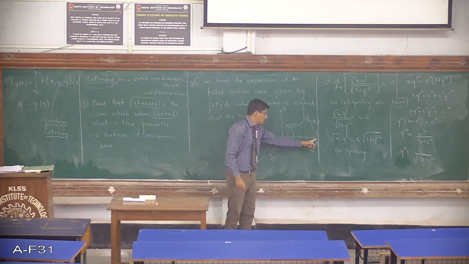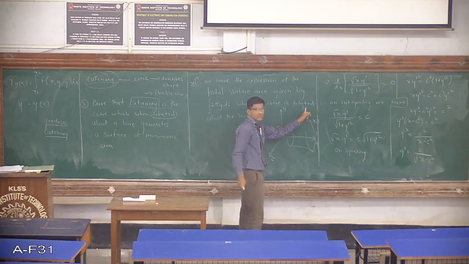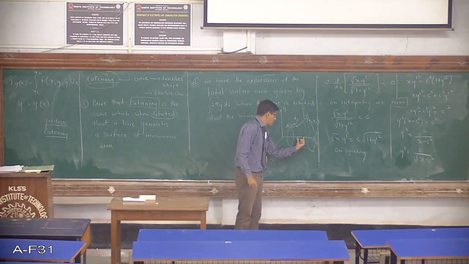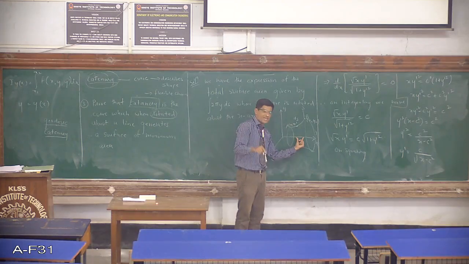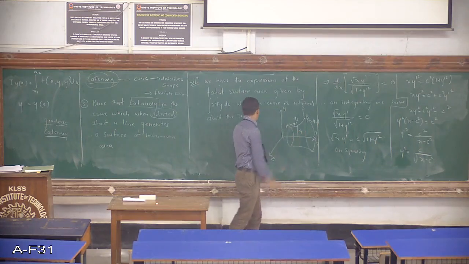If I take some part of this curve, this turns out to be ds. If I take some part of this, this turns out to be dx. If I take some part of this, this turns out to be dy. Fine.